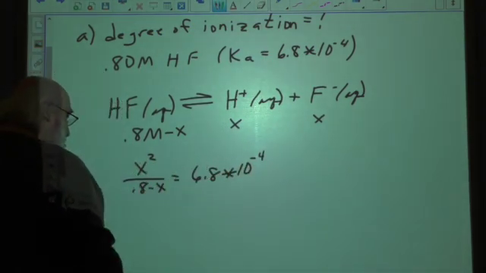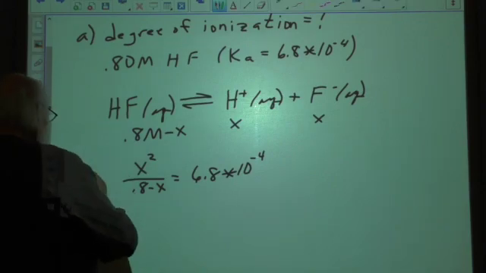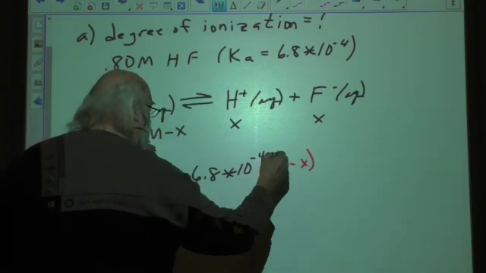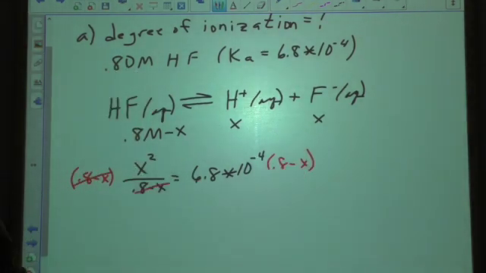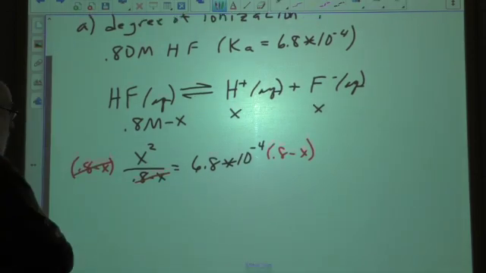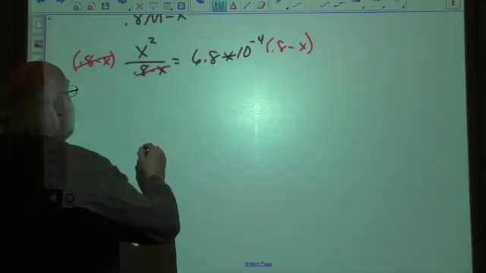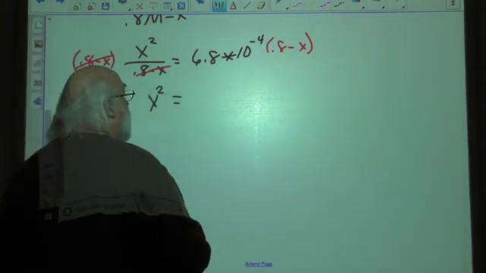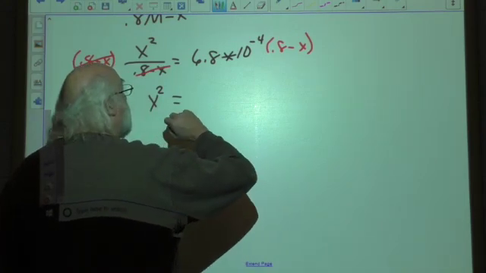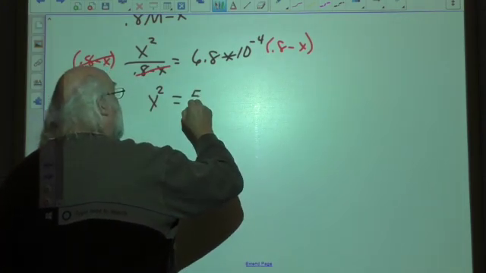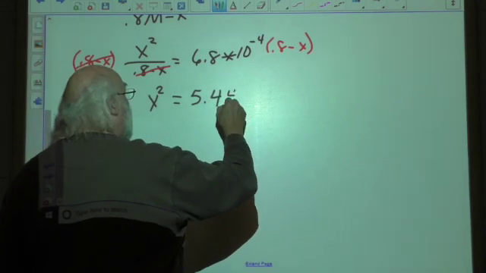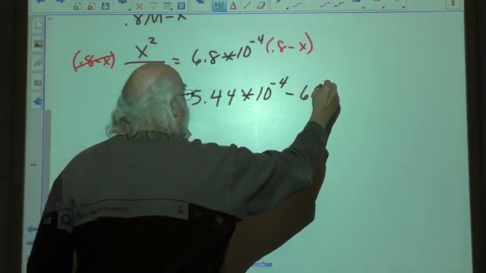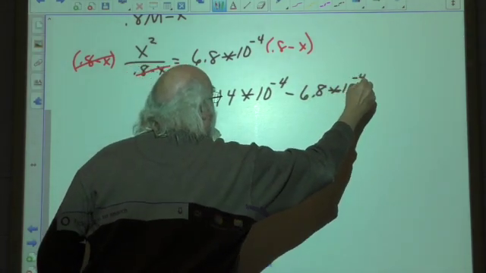So we multiply 0.8 minus X to both sides. That's going to cancel out the 0.8 minus X in the denominator, and that's going to leave us X squared is equal to 5.44 times 10 to the negative 4 minus 6.8 times 10 to the negative 4 x.